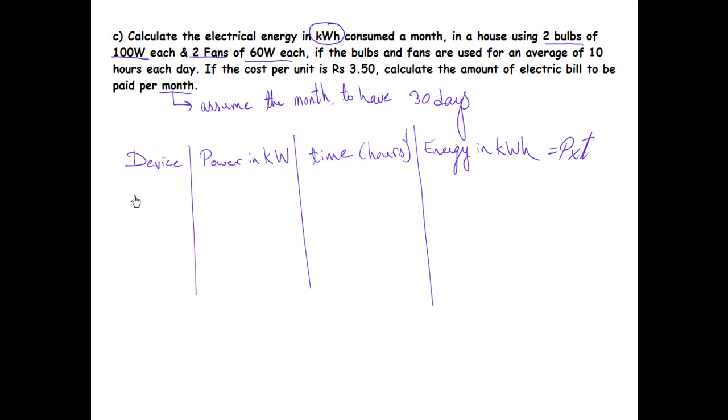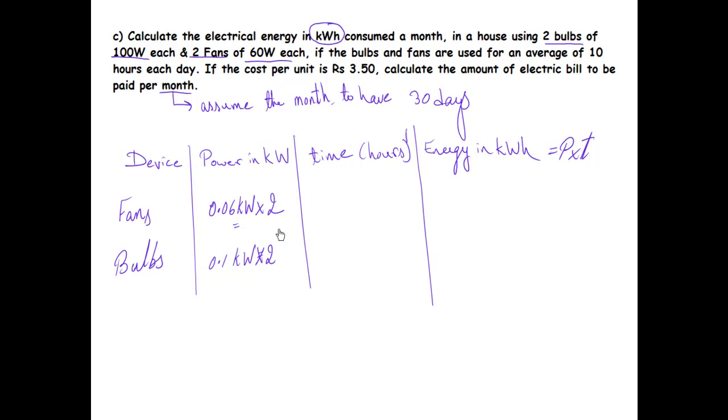Now there are 2 devices, as I told you all, the fans and the bulbs. The fans are of 60 watt each, and therefore each of them is 0.06 kilowatts into 2 fans. Similarly, the bulb's power is 100 watt each and there are 2 bulbs. So as a consequence, we can say that power of the bulbs is 0.1 kilowatt into 2.